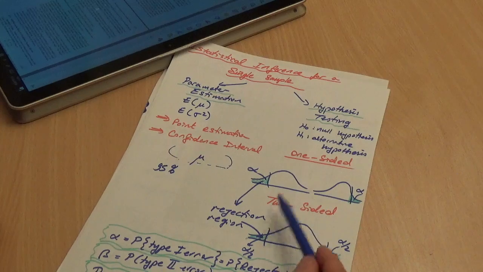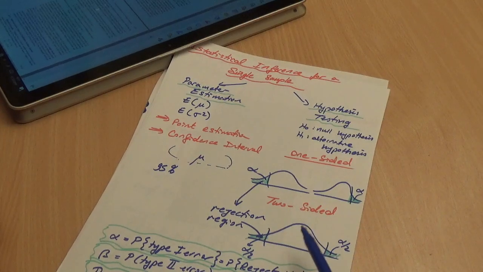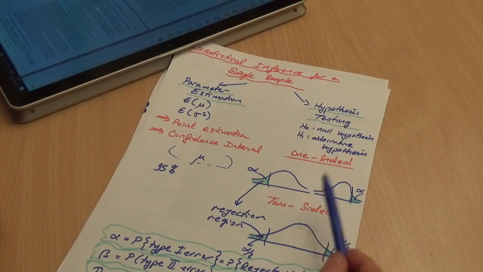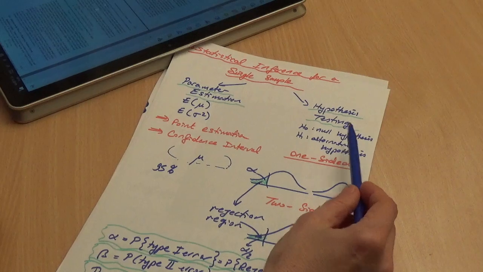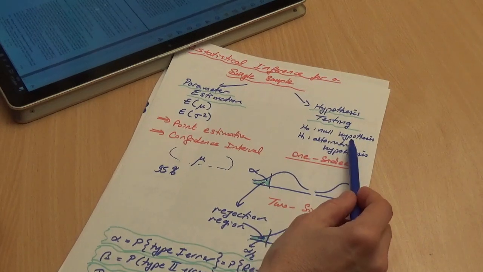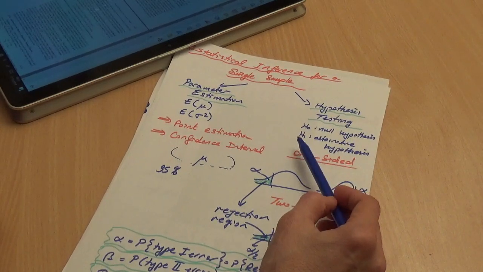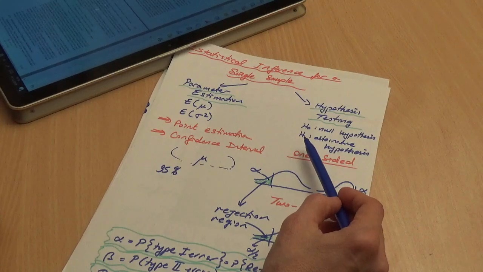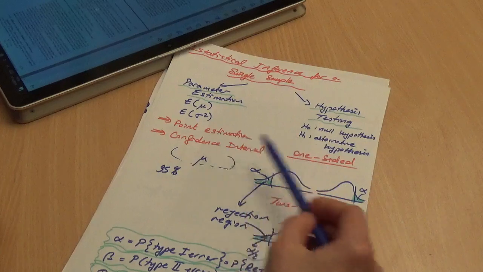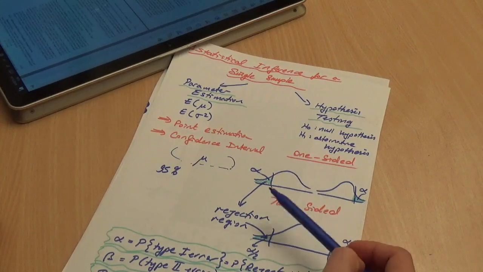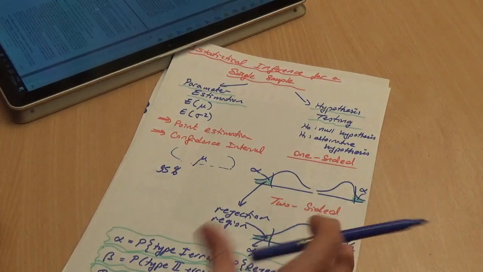We will go in depth about these terms. We will either accept the null hypothesis or we will reject it and say that the average is not equal to 2. So we have two different ways of using the information we get from the sample.